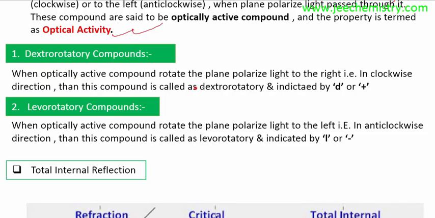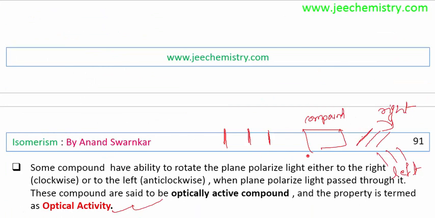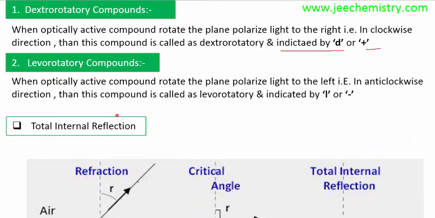When optically active compounds rotate the plane polarized light to the right, in a clockwise direction, they are called dextrorotatory compounds, indicated as D or plus. When they rotate the plane polarized light to the left, in the anti-clockwise direction, they are called levorotatory compounds, indicated by L or minus.